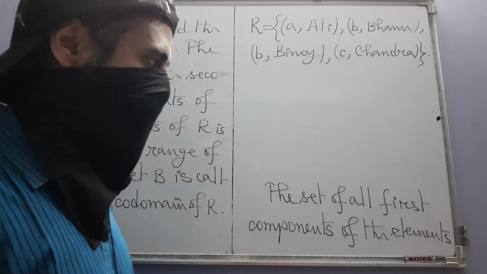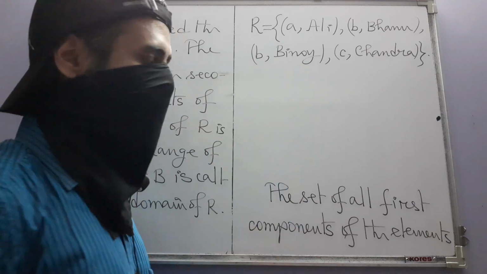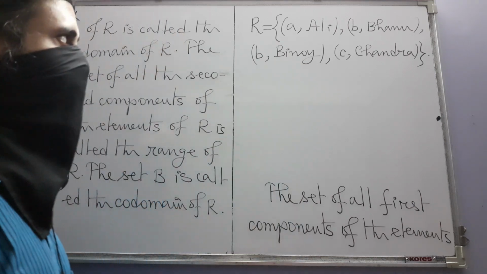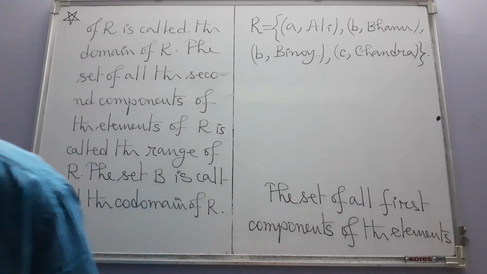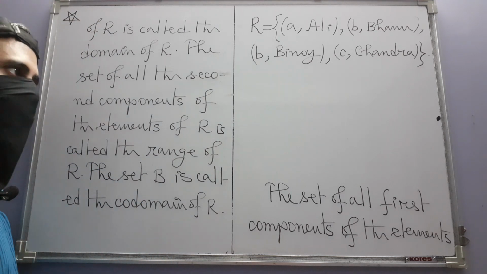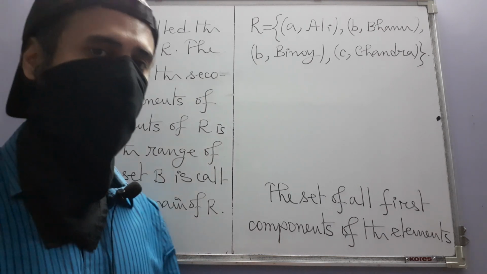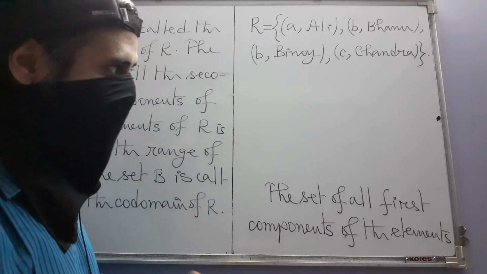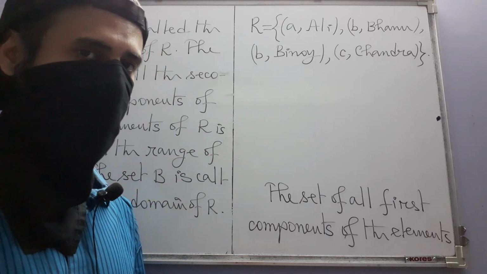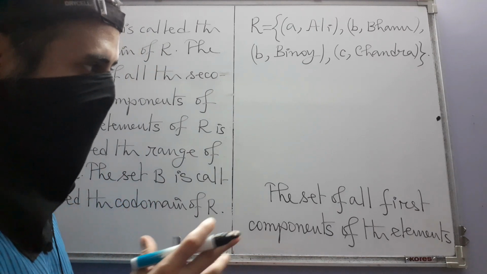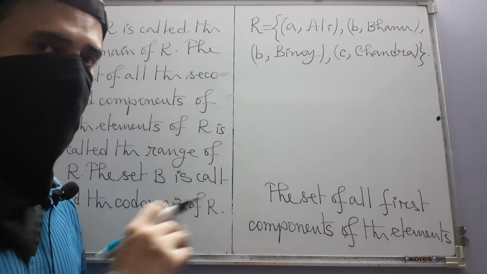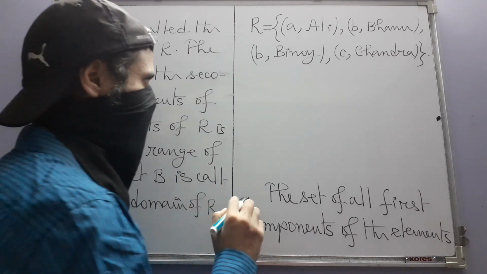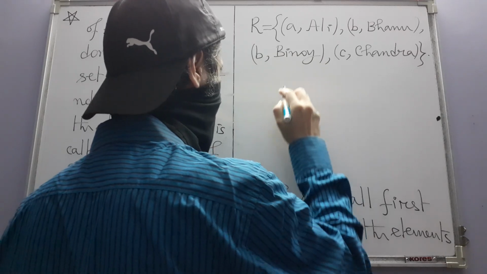Now, before we try to determine the domain, range and all these things for this relation, let us draw a diagram. This type of diagrams are very helpful in visualizing the relation. Okay, as a drawing, looking at the drawing, you can at once see what is going on, which elements are related to what. So we are going to draw this.